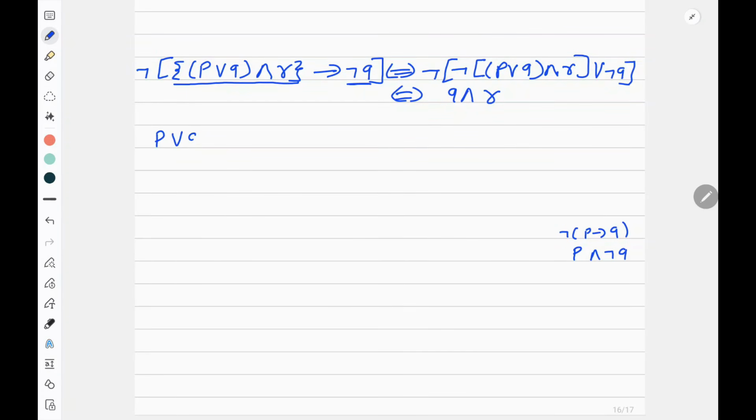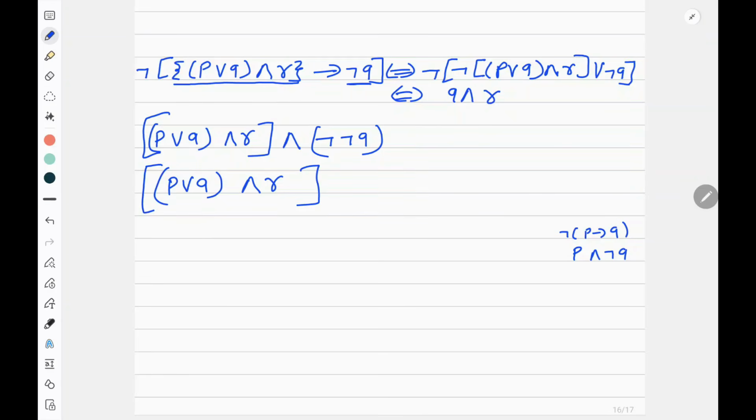So the first proposition I should write down. So P or Q and R is the first proposition. And then I should put and, then negation of the second proposition. So negation of Q I got. Correct? So this is P or Q and R, and Q. Okay? So now I got this thing. Now further what I have to do, I have to solve this.